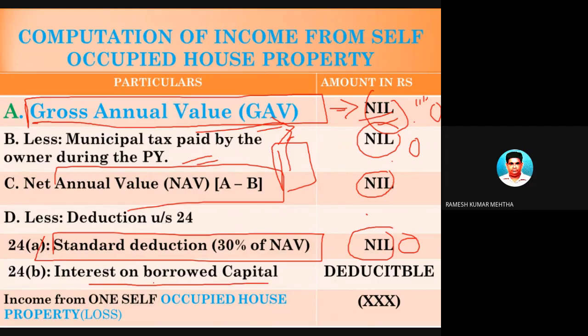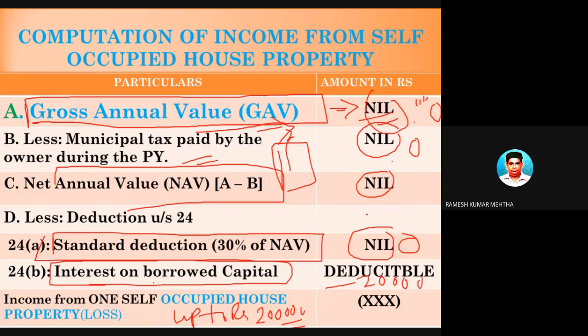Now interest on borrowed capital. This capital is borrowed by the owner from a bank, and the house property owner is paying interest for the financial year, and that is allowed as a deduction for a self-occupied house property to the extent of rupees 2 lakhs for a financial year. Assuming that he has paid 2 lakh rupees as interest on borrowed capital, you can deduct 2 lakh rupees.